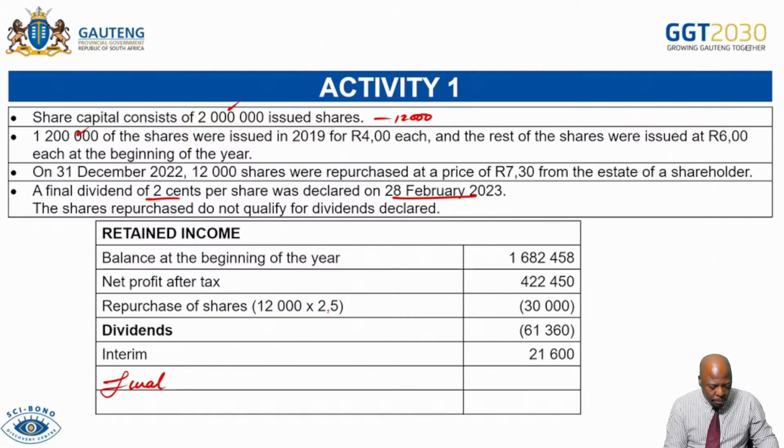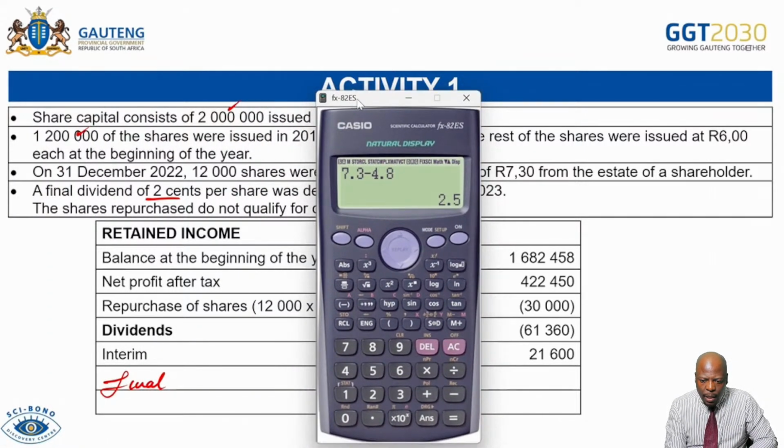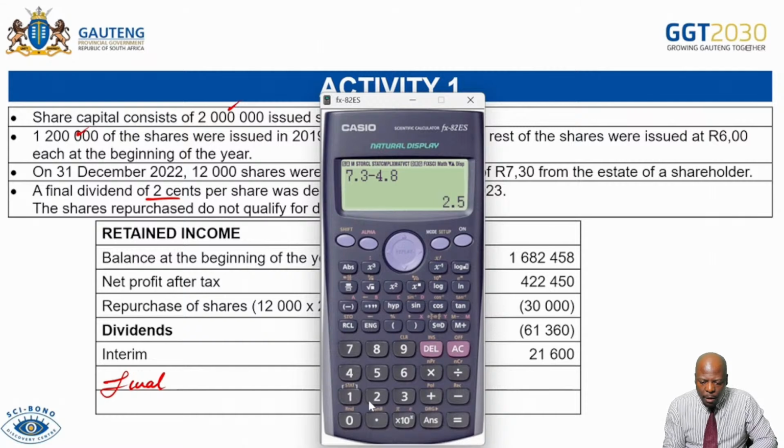So from the 2 million, minus the 12,000, that's going to give me 1,988,000.